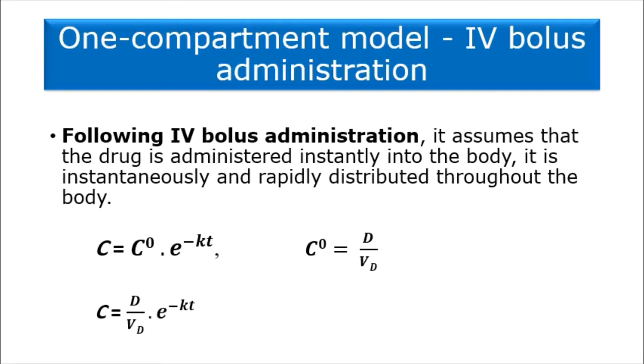So for these drugs, if the elimination rate constant is small, then the amount of drug eliminated during the short infusion period will not be large, which means that we can still use IV bolus administration equations to calculate the plasma concentration of such drugs.